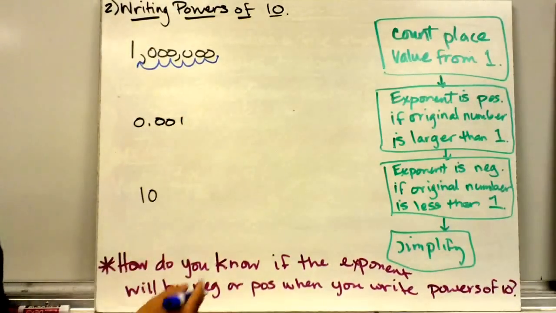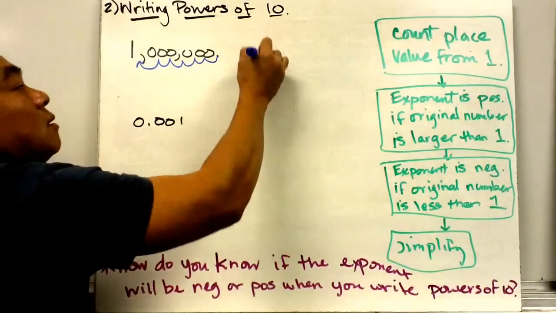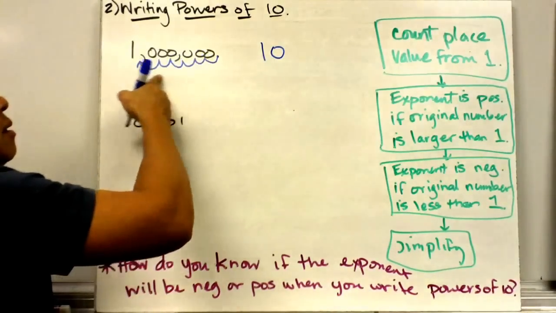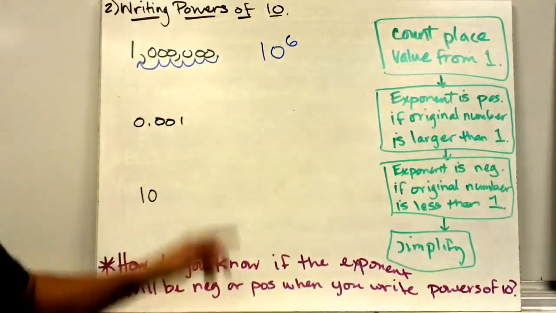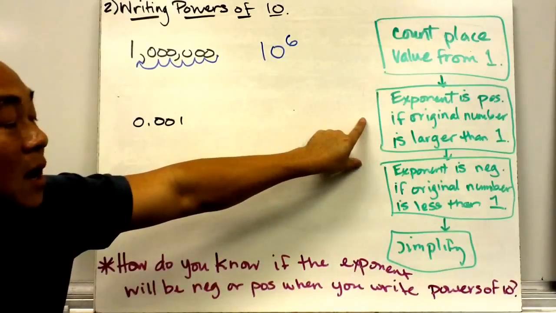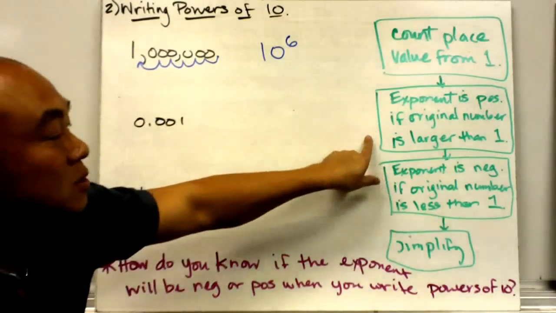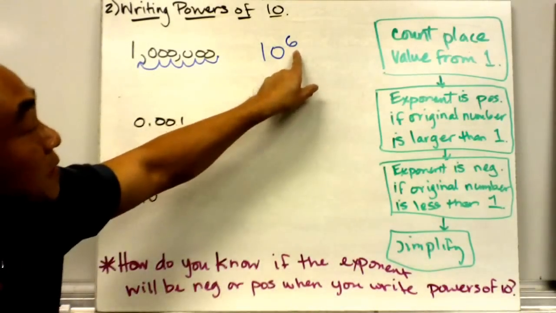Okay? And so, for me to get back to 1, that's going to be 6 times, because I moved this back to 1 six times. So the exponent is going to be 6, and that's going to be a positive exponent.